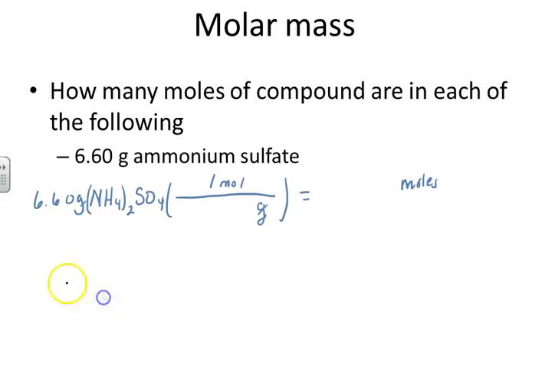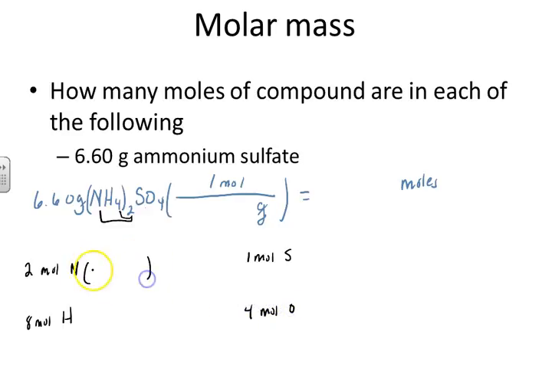So for every 1 mole of this compound, we have 2 moles of nitrogen. We have 2 times 4 is 8 moles of hydrogen. We have 1 mole of sulfur. And we have 4 moles oxygen. So we do our factor label. 1 mole of nitrogen, 14 grams.